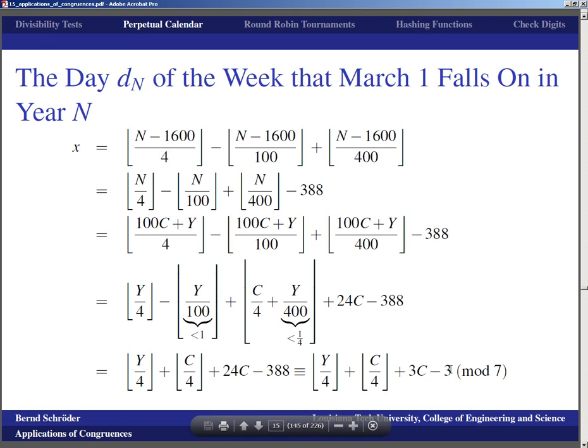And then, because we're interested in this going modulo 7, well, we don't know what y over 4 is going to be, we don't know what c over 4 is going to be, but we know 24 is equal to 3 modulo 7, so that works out nicely, and that's because 24 is 21 plus 3. 388 takes a little bit longer, and well, let's see, 364 was divisible, but no, wait. 364 was not divisible by 7, so let's see, 350 is divisible by 7, leaving us with 38, and that you get 35 and you end up with 3.